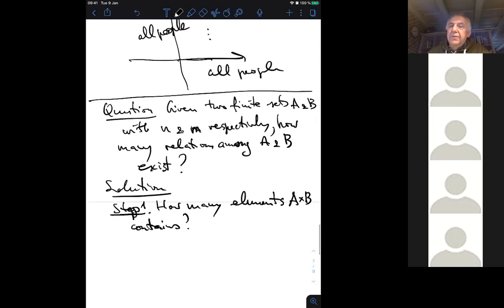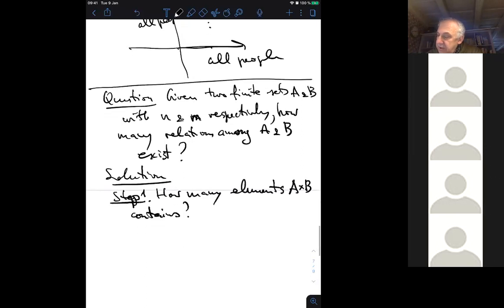If A and B are finite sets, then the Cartesian product, as I mentioned, is the set of pairs. We have some element a from capital A in the first place, and there are totally n possible choices. And we have a b from the capital B in the second place, and we have m possible choices. So the cardinality, the number of elements in A times B, is obviously n times m.